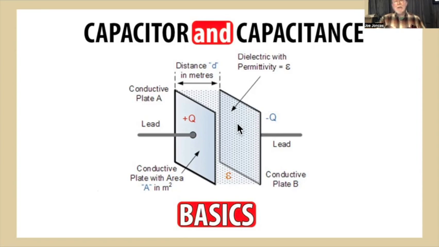So this plate will be charged with negative electrons and this plate will be charged with holes. And you end up with an electric field across here. Now remember I said DC, it blocks DC. DC can't flow through this. But AC can. And we'll get into that in more detail next week.